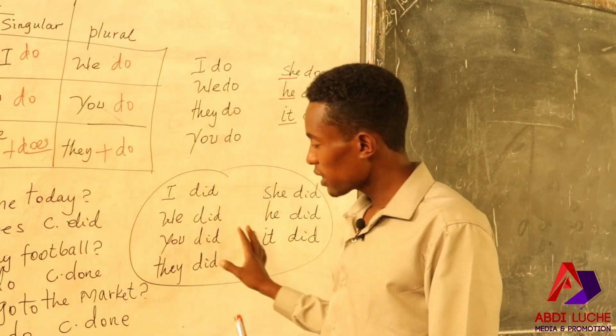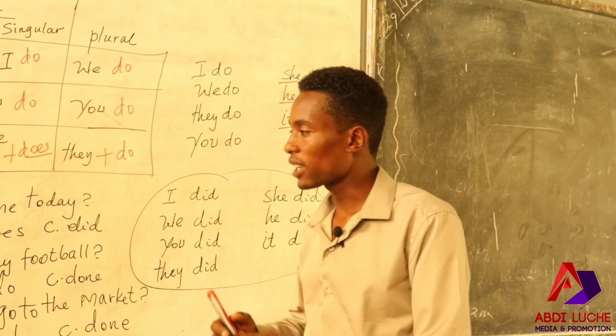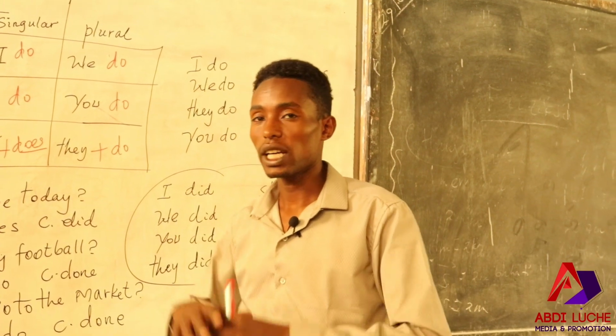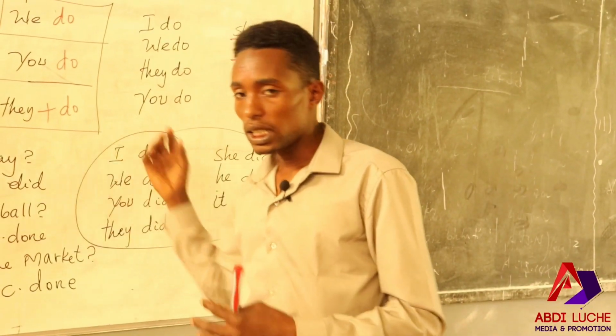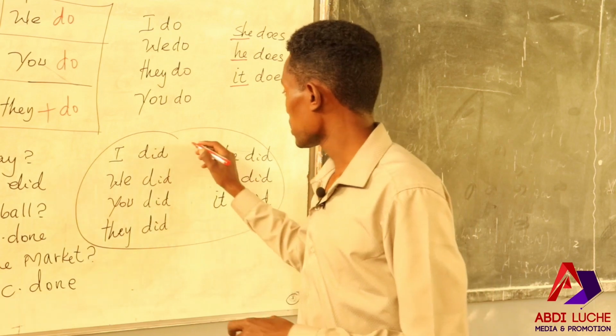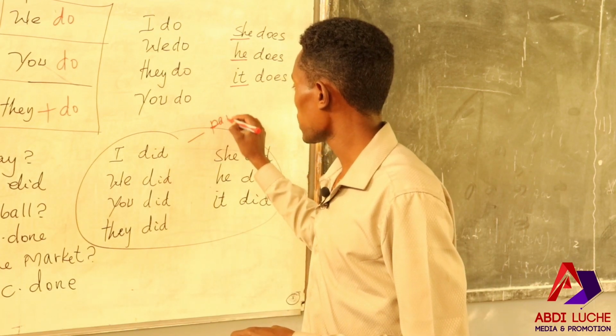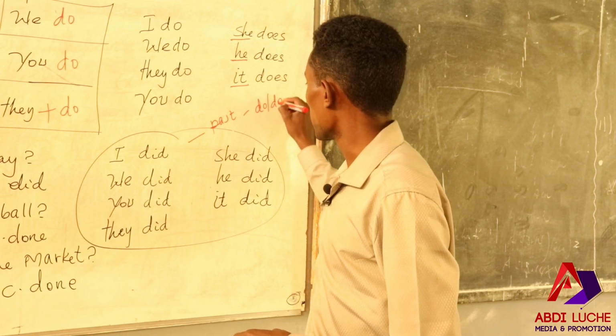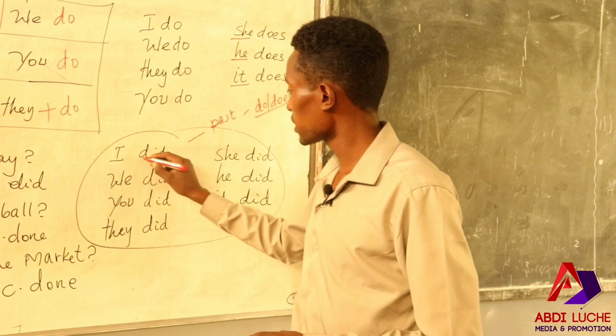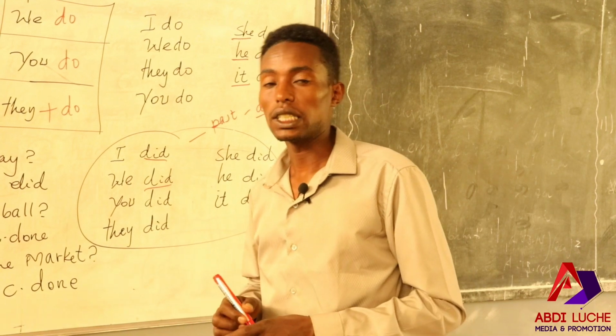Here, how can you use did? As I've told you, when we categorize auxiliary verbs into different parts, did is the past tense of do and does. Did is what? The past tense of do and does.